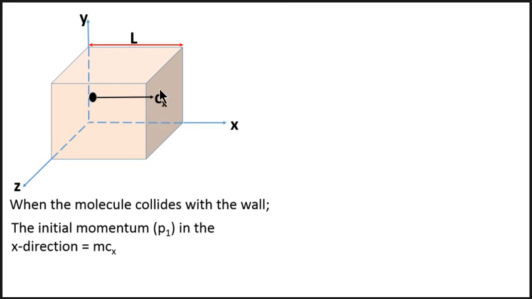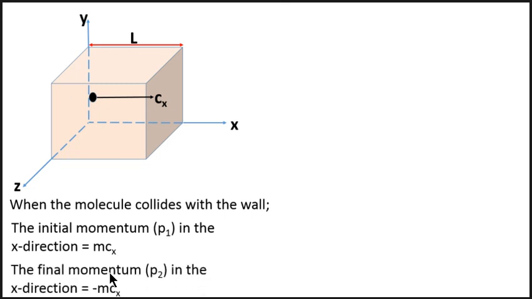When the molecule hits the wall and bounces back, then the final momentum of the molecule P2 in the x direction will equal minus the product of mass times its velocity.